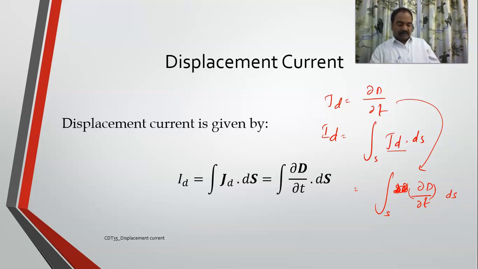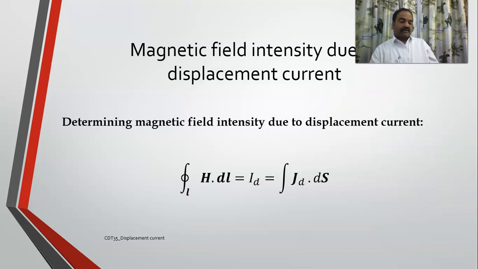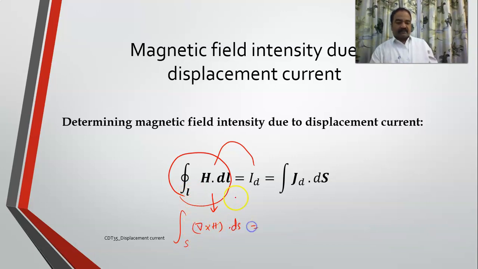Now we will apply this equation for determining displacement currents. You also know that the current is the line integral of H dot dl. If we apply Stokes' theorem, this closed line integral becomes a surface integral of del cross H dot dS, equal to the same ID.